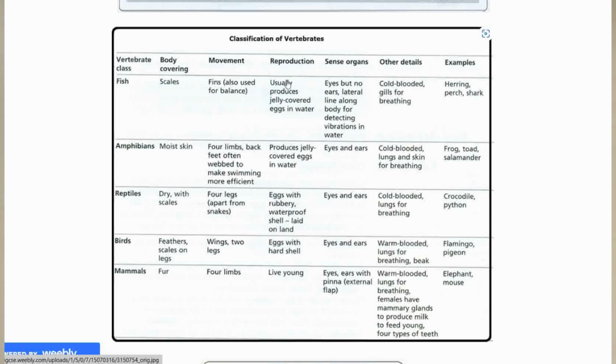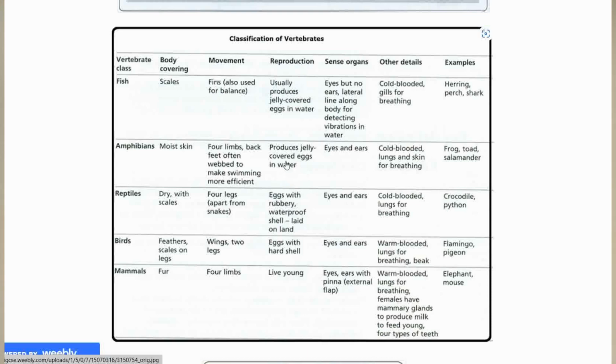Then in terms of reproduction, fishes usually reproduce by producing jelly-covered eggs in water, and their fertilization is external. What that simply means is that the female releases eggs into water, and the male also releases sperm into water, and fertilization happens outside. Amphibians produce jelly-covered eggs in water as well.